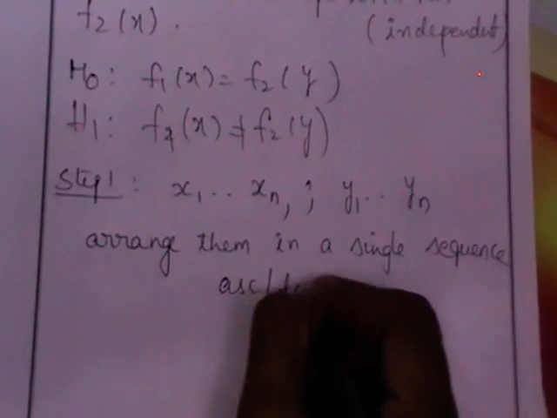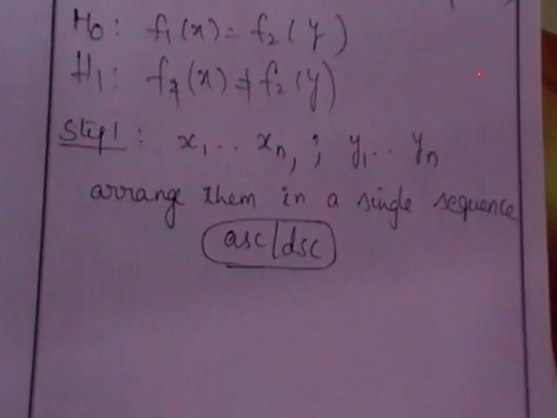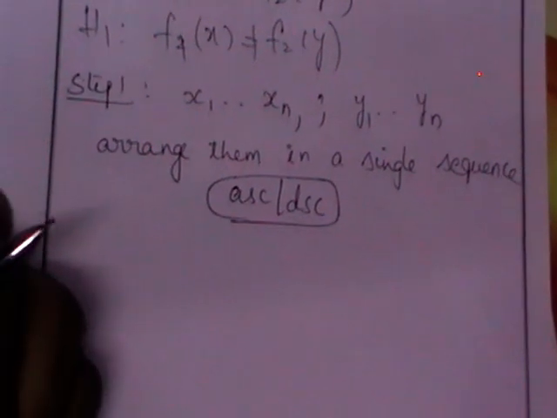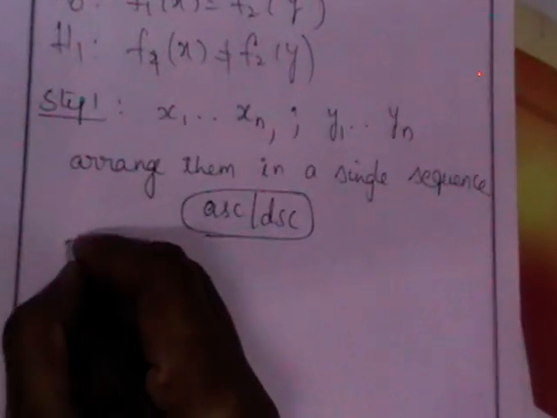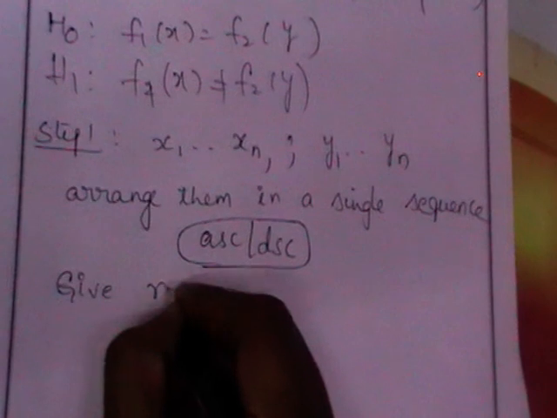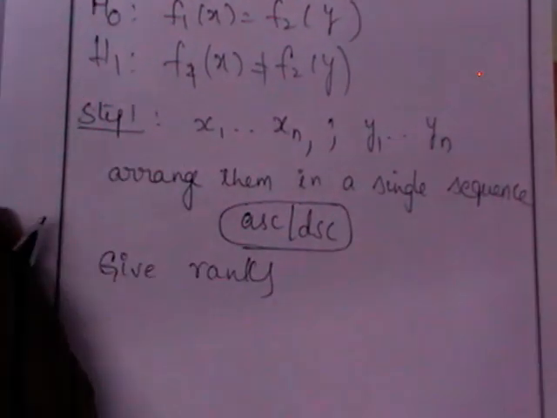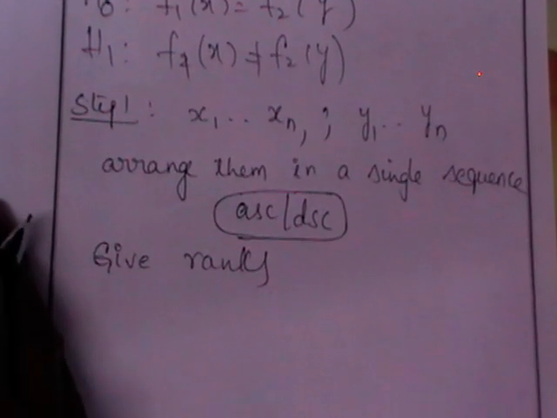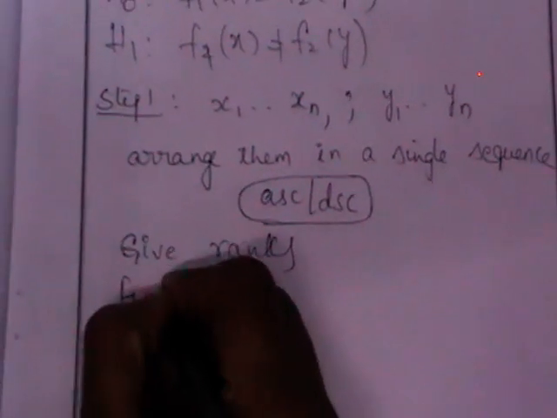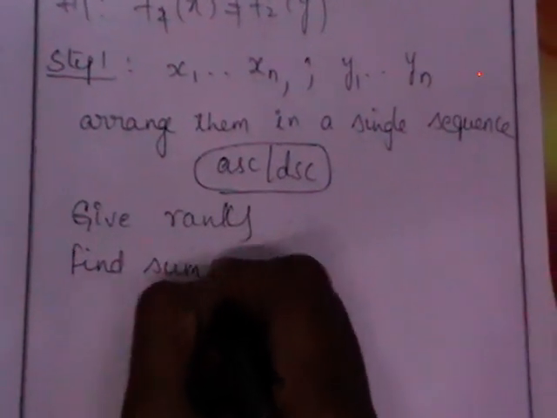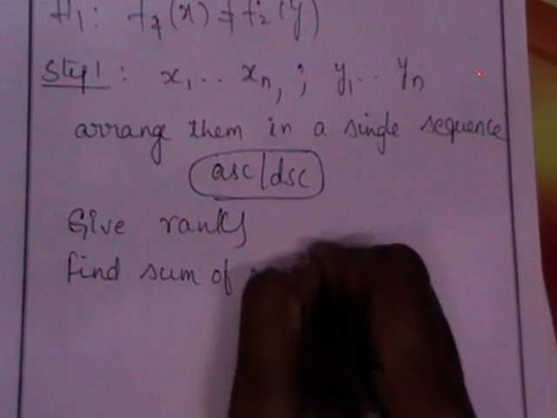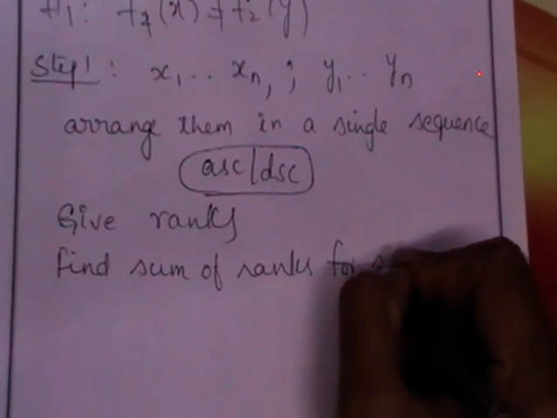Then you give rankings to them, and after giving the ranks, find the sum of ranks for the second sample.